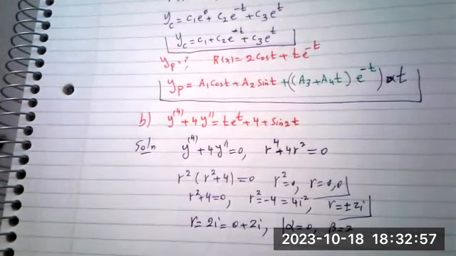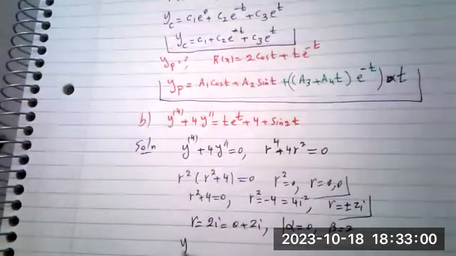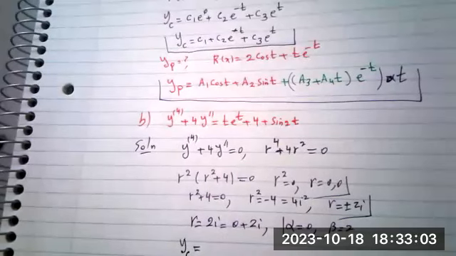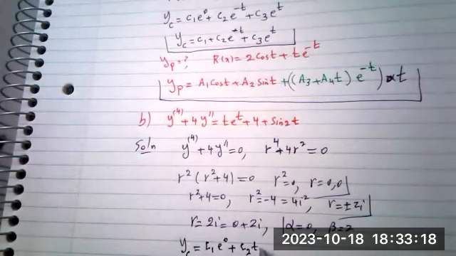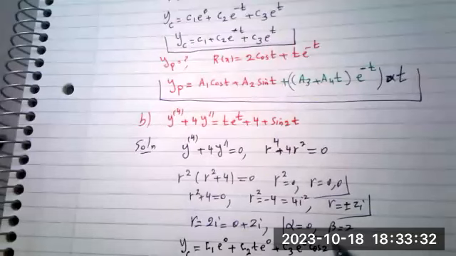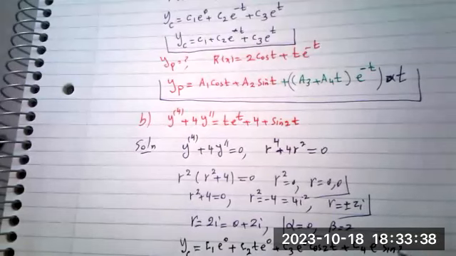Now write the equation. So what's going to be your yc? yc, with r being 0, 0: for the first 0, that gives you C1 e to the 0. That's the first one, but then it's repeated, so it's going to be C2 t e to the 0. Okay, the repetition one. Then we get to the complex: C3 e to the 0 cosine of 2t plus C4 e to the 0 sine of 2t.